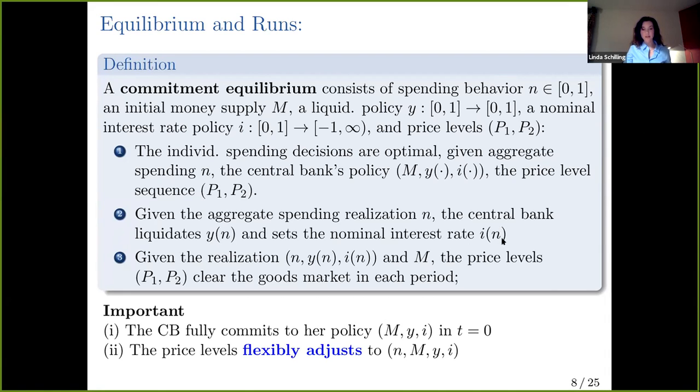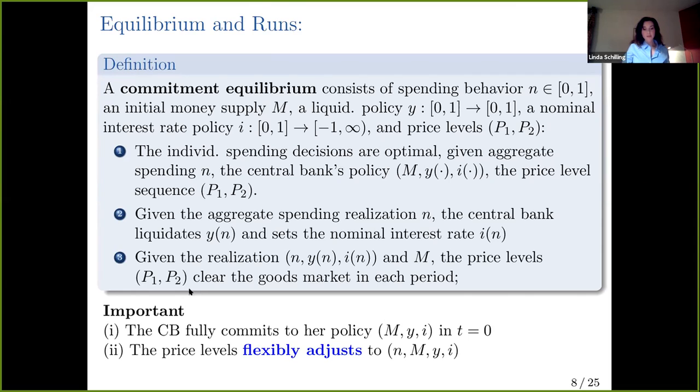Given an aggregate spending behavior by agents, the central bank is going to liquidate the according amount of the asset and set the nominal interest rate that she announced. Just as a reminder, the central bank announces her policy at time 0. This part of the equilibrium simply states that the central bank fully commits to her policy and, taking as given the spending behavior by agents, is going to go through with her policy and the nominal interest rate. And last, given spending behavior by agents and the policy realization, the price levels will have to clear the market.